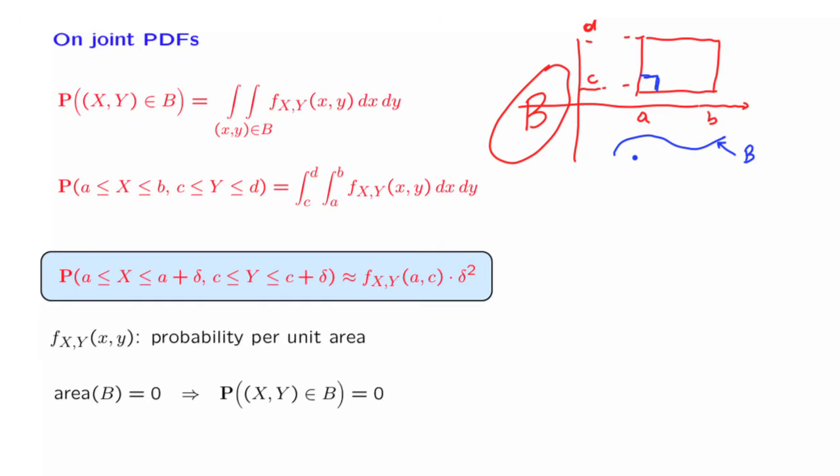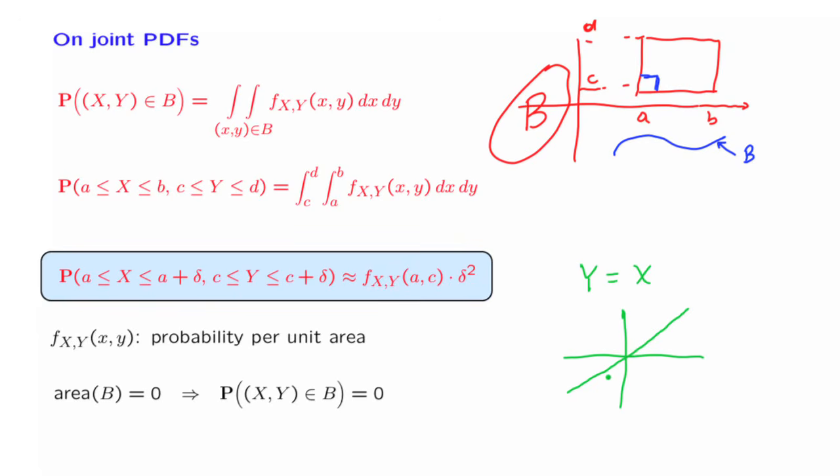Now let's think of a particular situation. Suppose that X is a continuous random variable, and let Y be another random variable which is identically equal to X. Since X is a continuous random variable, Y is also a continuous random variable. However, in this situation, we are certain that the outcome of the experiment is going to fall on the line where x equals y.